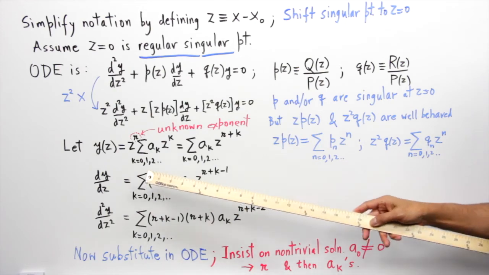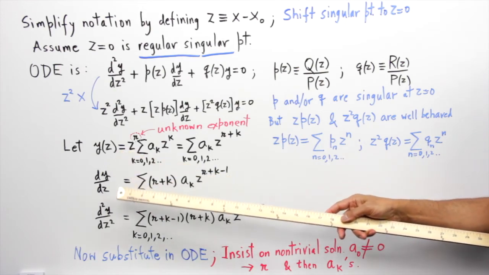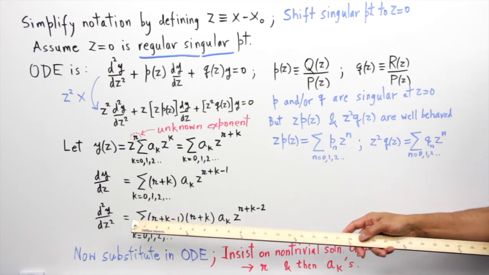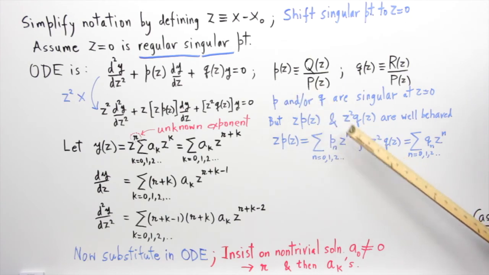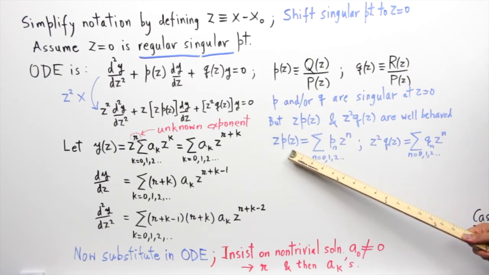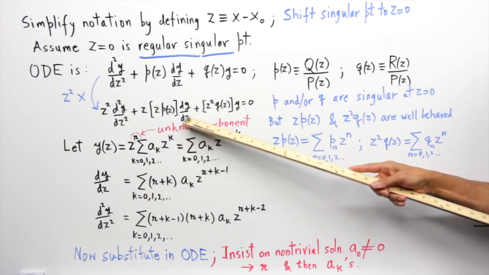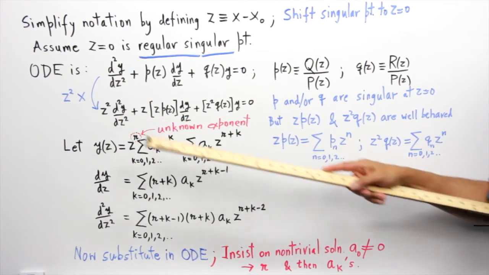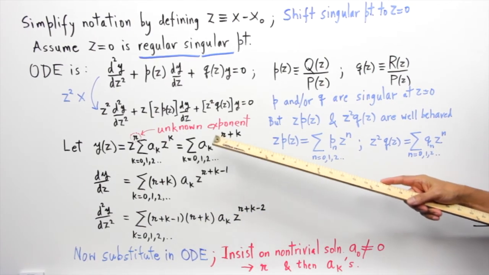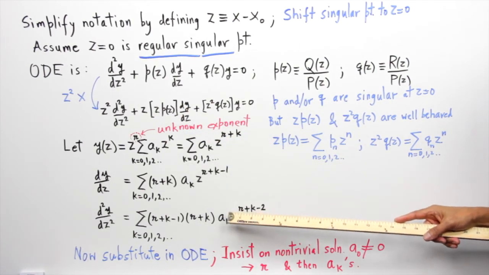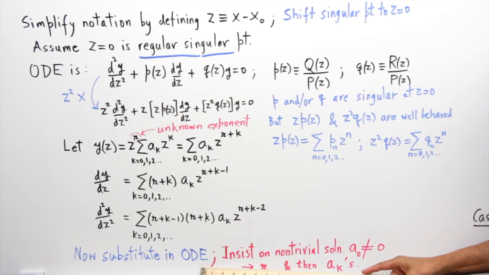And so now we have an expansion for the function, its first derivative and second derivative, and we have expansions for z times p and z squared times q, which are the coefficients appearing in the equations. Of course, this z and z squared are already nice powers of z, so we are in a position to substitute all this in the ODE, and so that's what we're going to do.